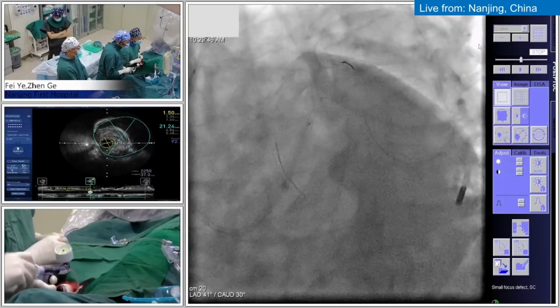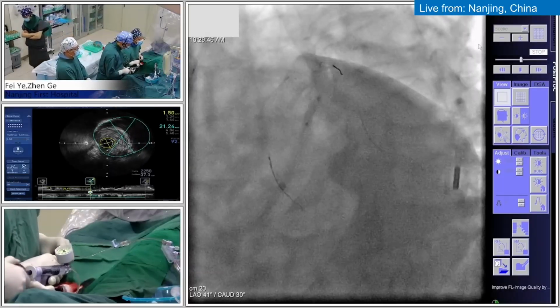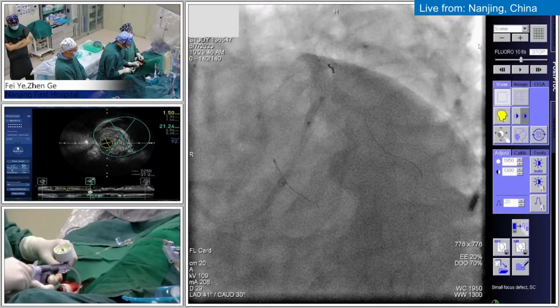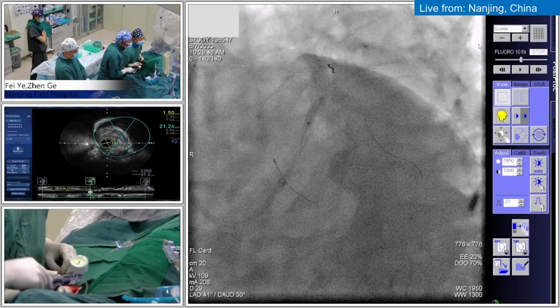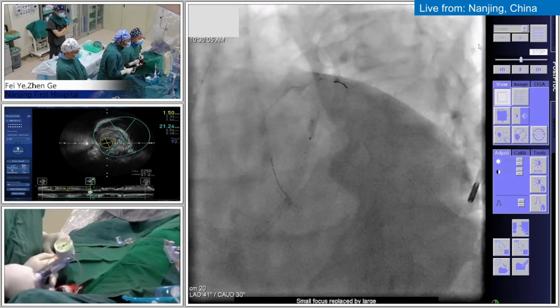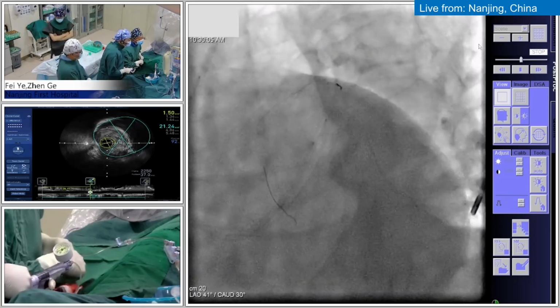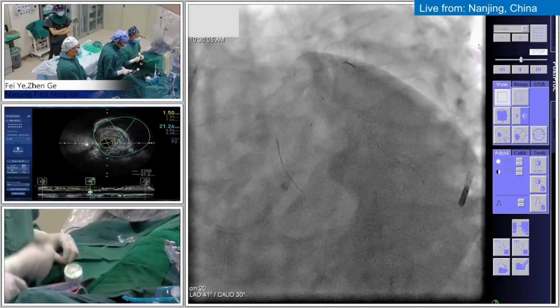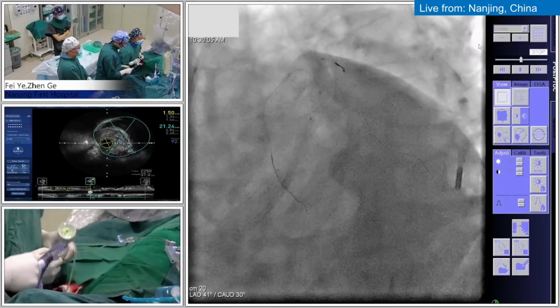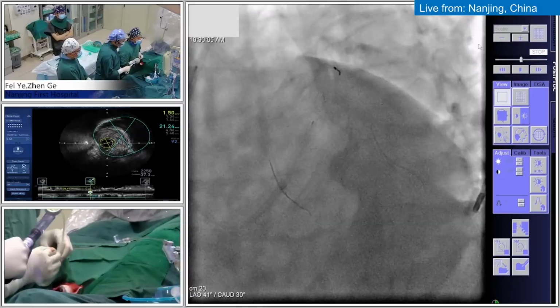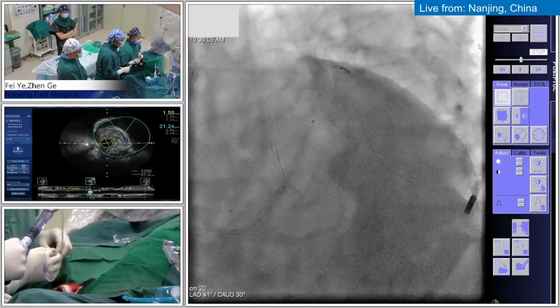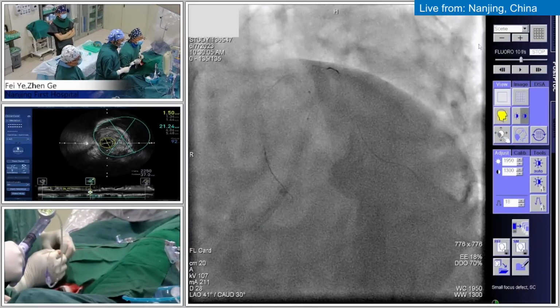So based on the definition criteria, even though we don't use it for the trifurcation lesion, from your experience, how do you define this trifurcation lesion, complex or simple? Actually, the definition criteria exclude the trifurcation.